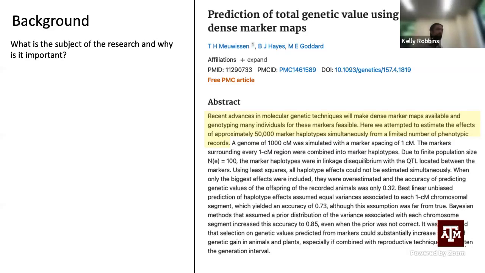Here we attempt to estimate the effects of approximately 50,000 marker haplotypes simultaneously from a limited number of phenotypic records. And so here they're really talking about why they're looking at this, right? And this continues to be a major challenge with genomic prediction, which is the N by P problem. We tend to have many more markers and genotypes than we have independent phenotypic records.